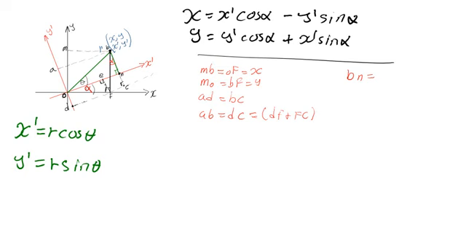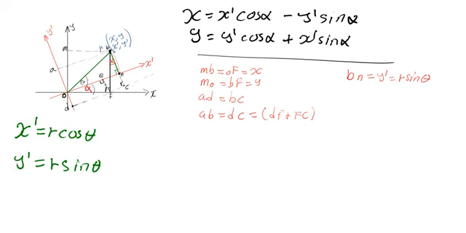My BN, meaning from B to N here, is y of theta, which is your y prime, which is equal to r sine theta.